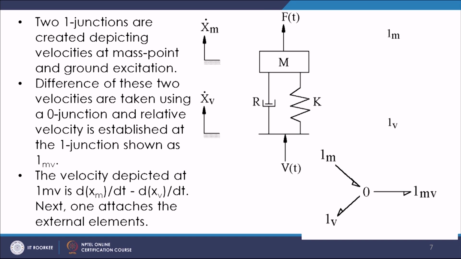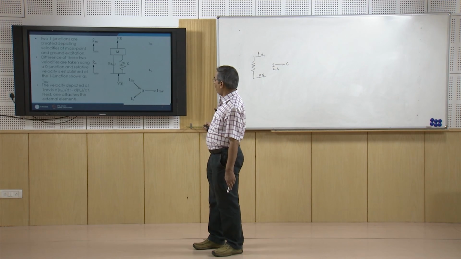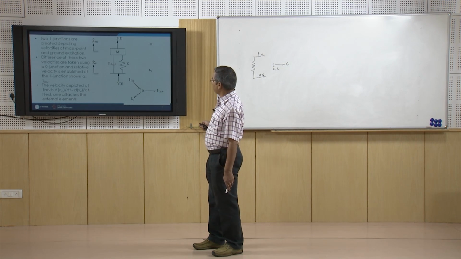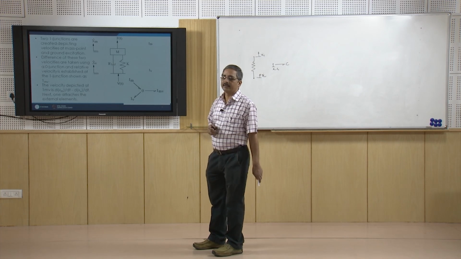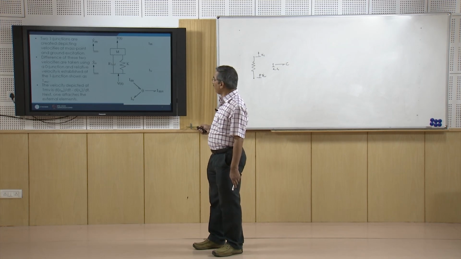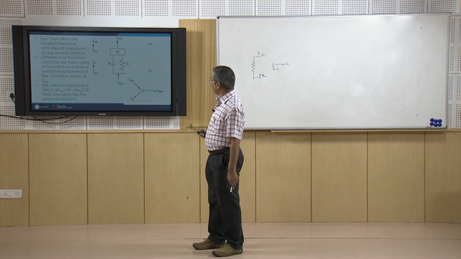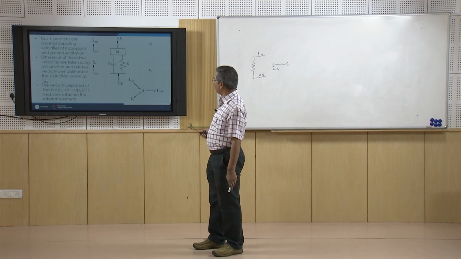If I take the law of conservation, this velocity is equal to this velocity plus this velocity, or this velocity will be this velocity minus this velocity. This is how I get this velocity. And the velocity at the one junction is this velocity difference.